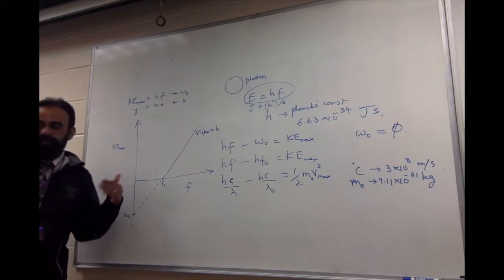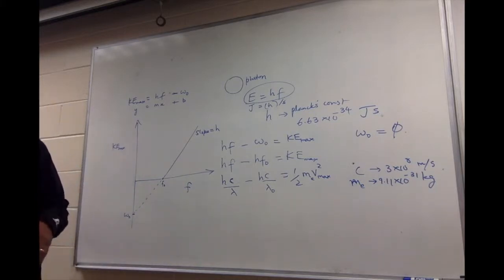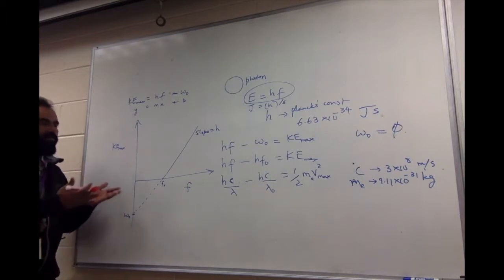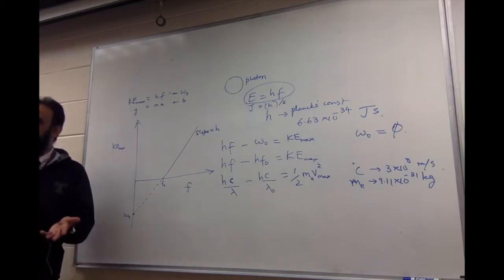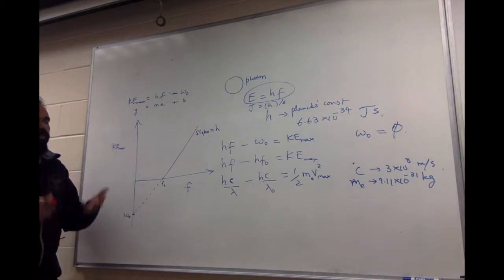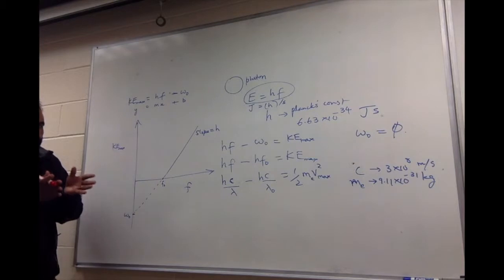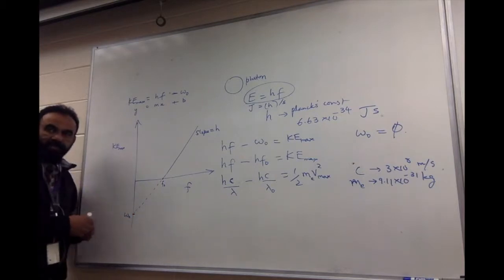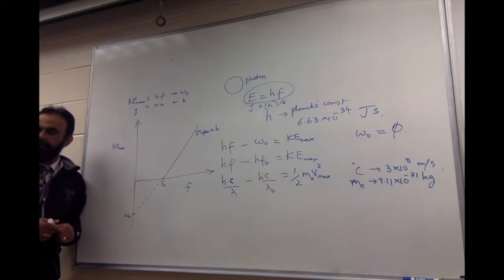Now, if you experiment with a different material, instead of using potassium, if you use cesium or something like that, what is the shape of the graph that you're supposed to get? It's the same slope but a different work function.